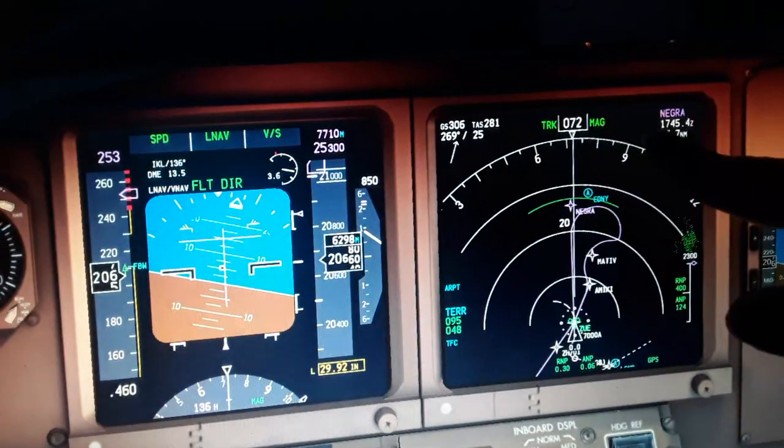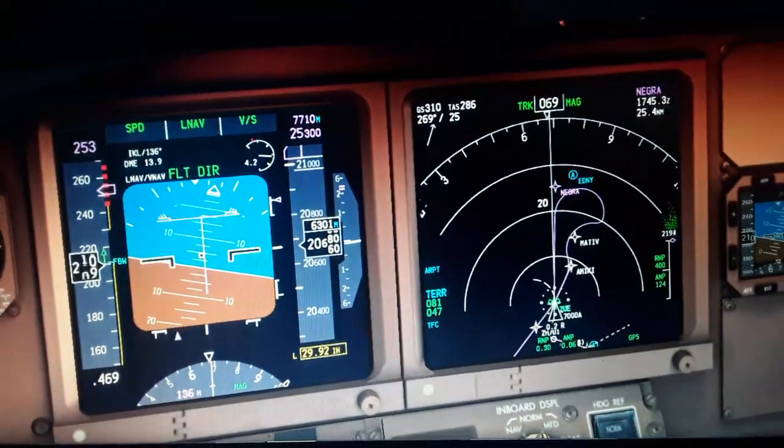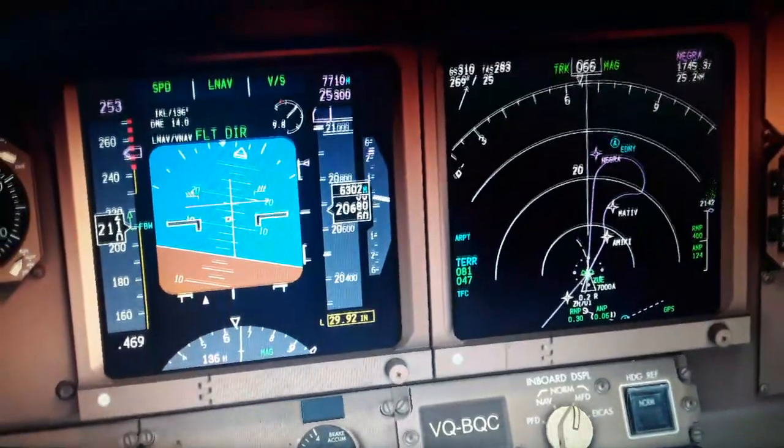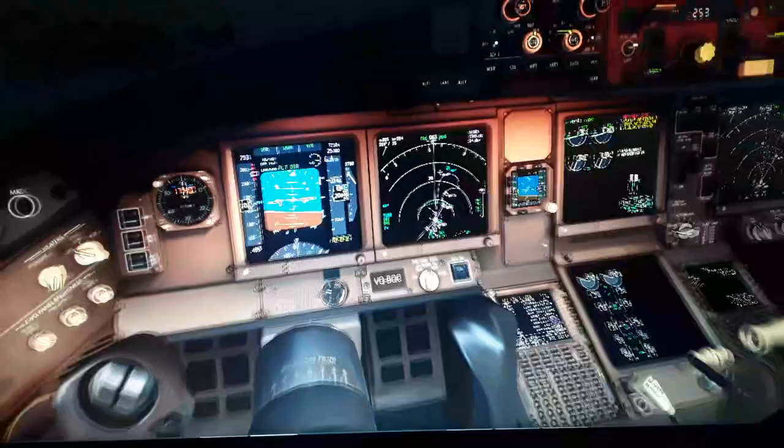So you can see the next waypoint we're gonna be following over here is in front of us. We need to level off to increase the airspeed for a couple of seconds.